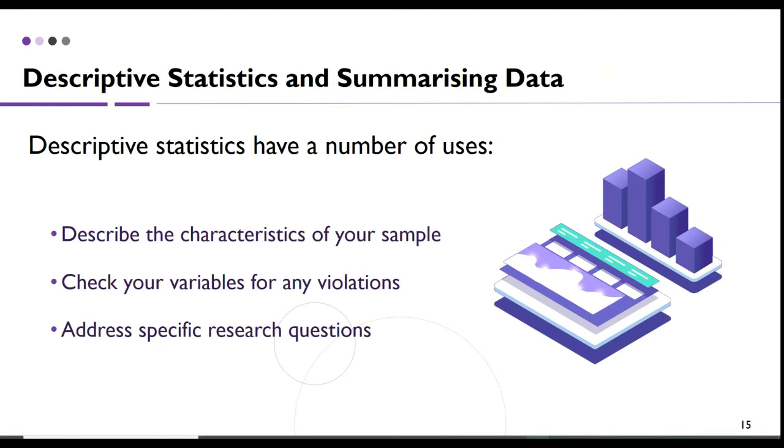We also want to check our variables for any violations of the assumptions underlying the statistical techniques that we will use to address our research questions. And the last one is to address specific research questions. Sometimes we want to measure something, so we should use descriptive statistics.